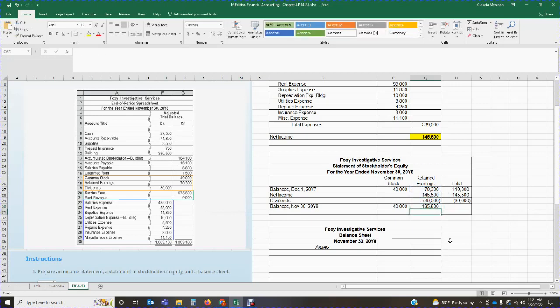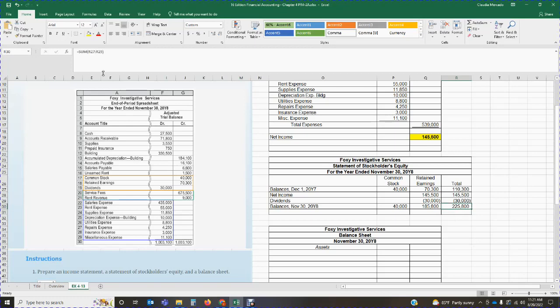That gives me 185,800. And we're going to add our total column. And that's going to give me 225,800. So our balances as of the end of November 30th, 20Y8, we have common stock of 40, retained earnings of 185,800 for total stockholders' equity of 225,800.